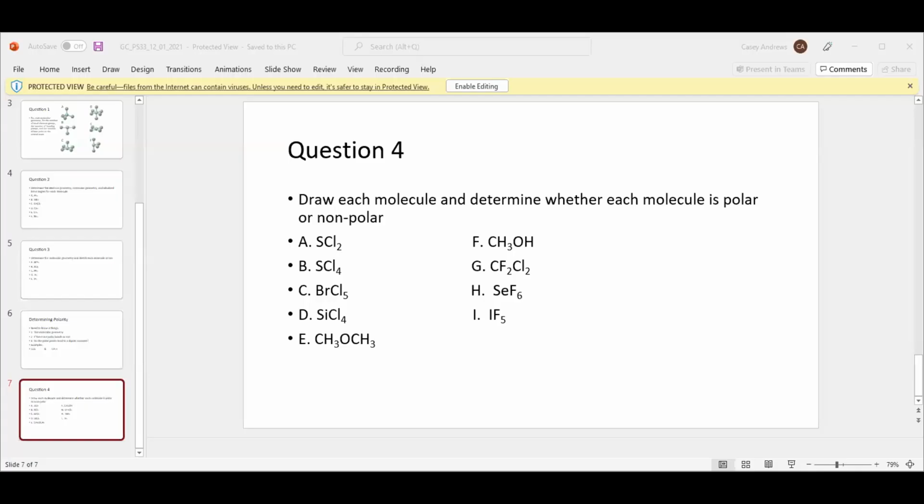All right, so draw a molecule and determine whether each molecule is polar or non-polar. Let's do A and B here. So sulfur chloride. Sulfur has 6 valence electrons. Chlorine has 7.